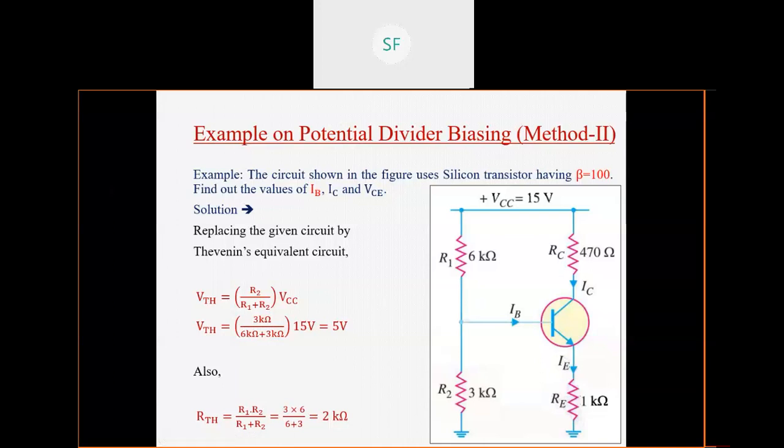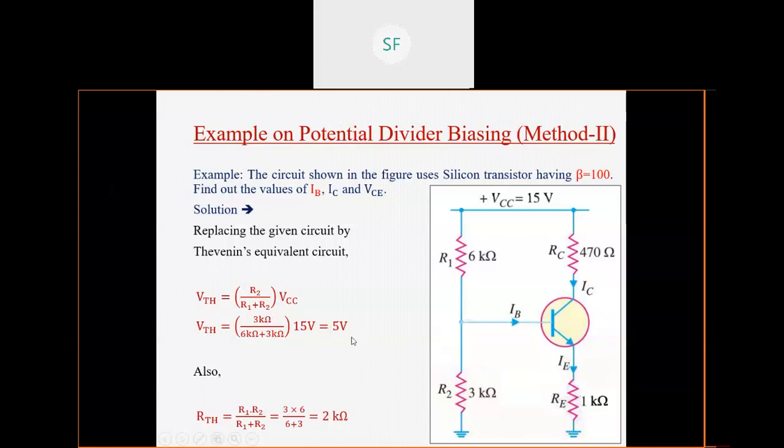So in Thevenin's equivalent circuit, you first need to calculate the Thevenin's equivalent voltage VTH and Thevenin's equivalent resistance RTH. The formula for VTH is R2 divided by R1 plus R2, into VCC. We just put in the values and get VTH equal to 5 volt.